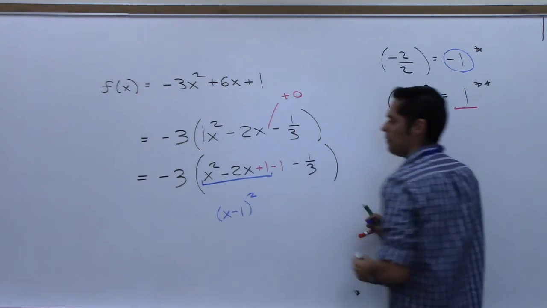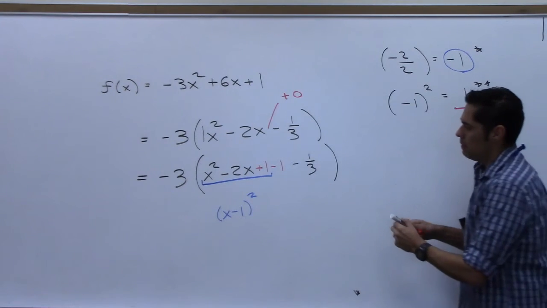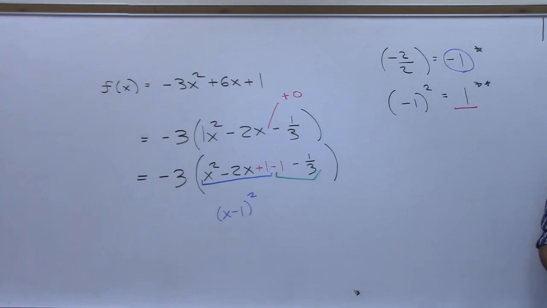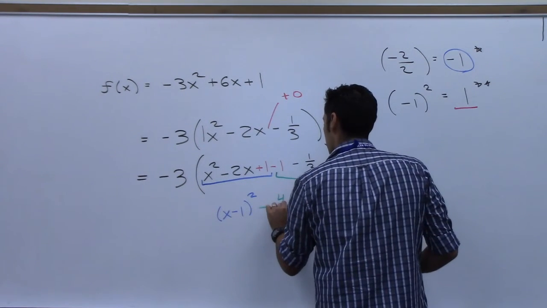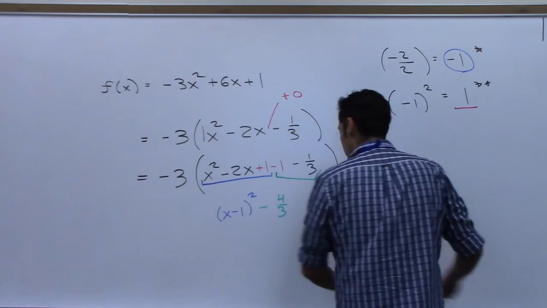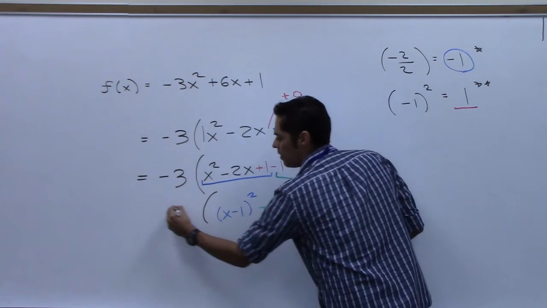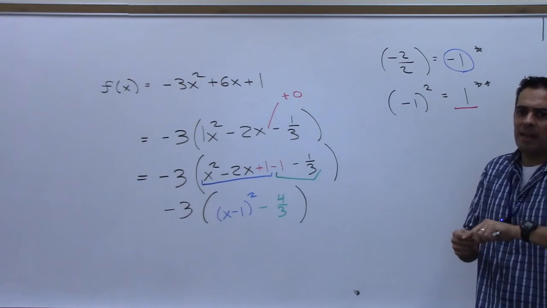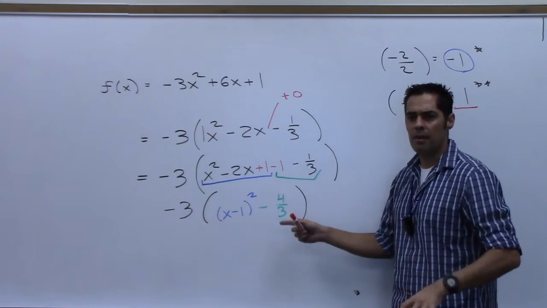Squared. Now what's still in here? Negative 1, take away 1/3, negative 4/3, right? But doesn't that all still live inside this parentheses with the negative 3 in front? Do you see the thing that I thought might be dangerous there? I don't know if you would have picked up the negative 4/3. Maybe you're okay with that, I don't know.